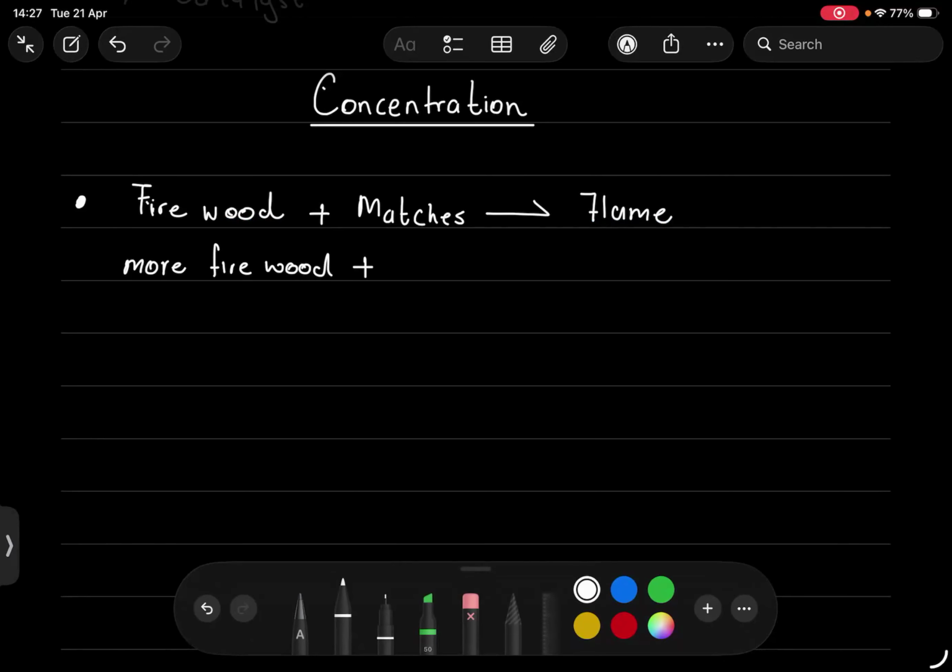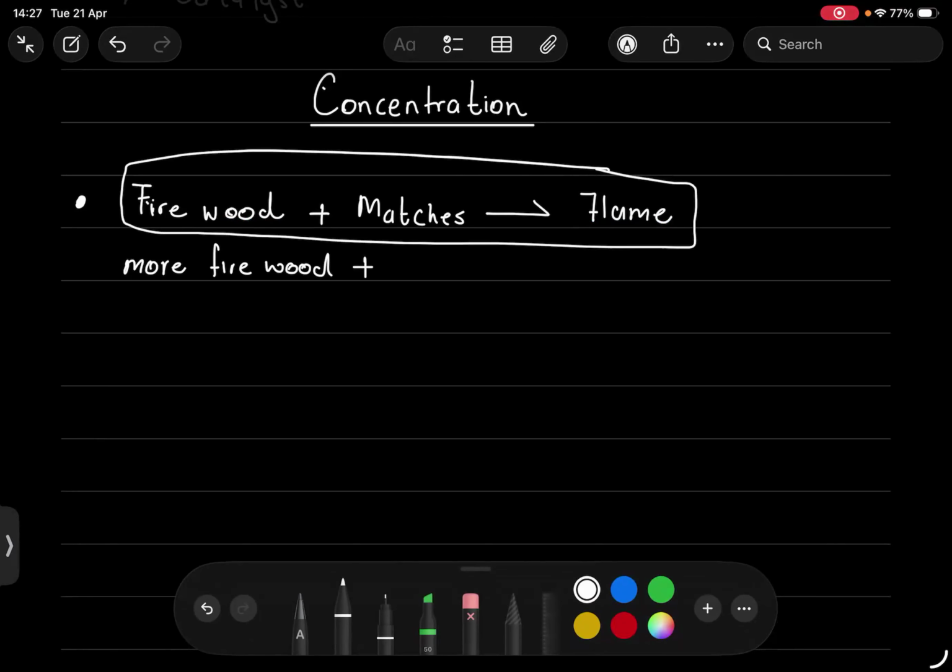You're going to have more flame, right? Basically, this is going to be your system, guys. What's going to happen when you add more firewood? The system will use that firewood to produce more flame. Or am I lying? No, sir. It's going to use that firewood to produce more flame.